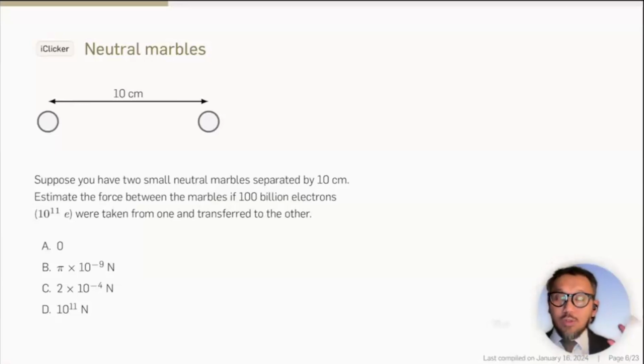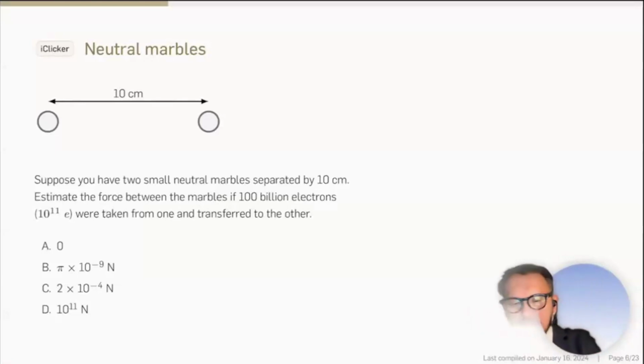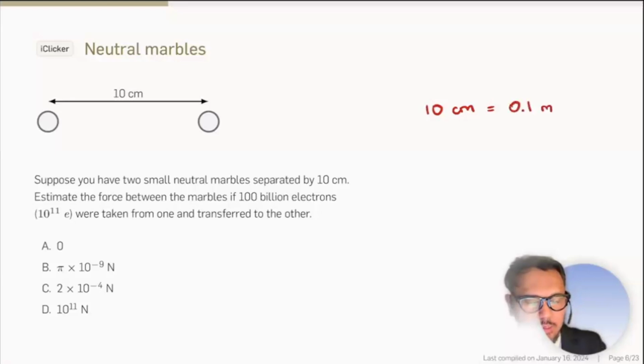Okay. So there are two neutral marbles, and we separate these two marbles, and they are identical. They have the same dimensions. They are separated by 10 centimeters. Okay, 10 centimeters. If you're not sure, 10 centimeters is basically 0.1 meter.